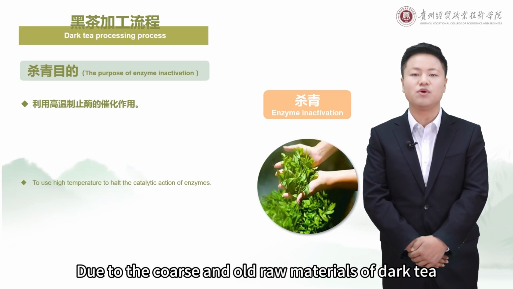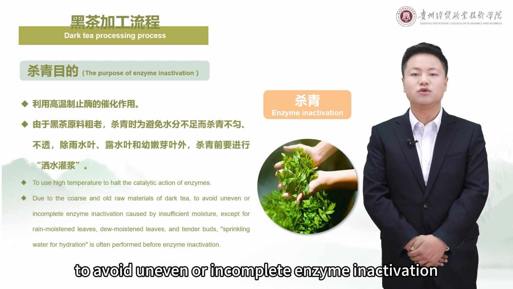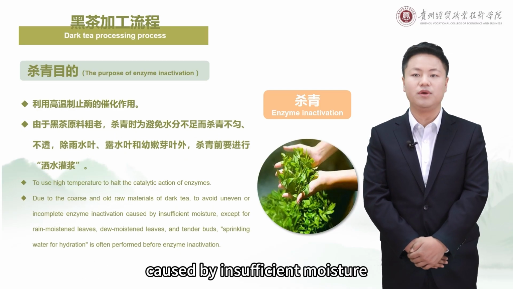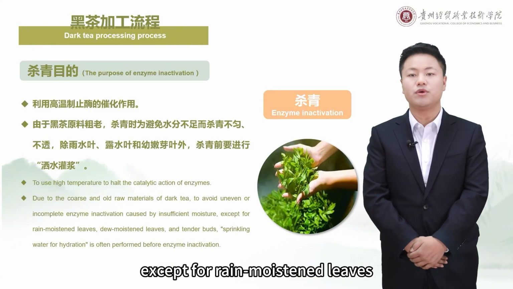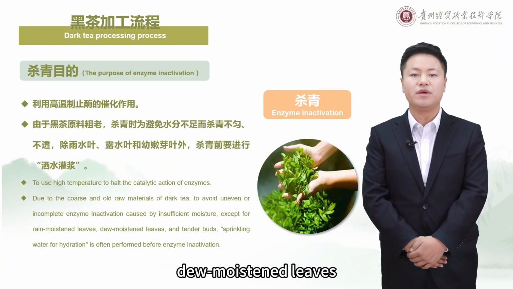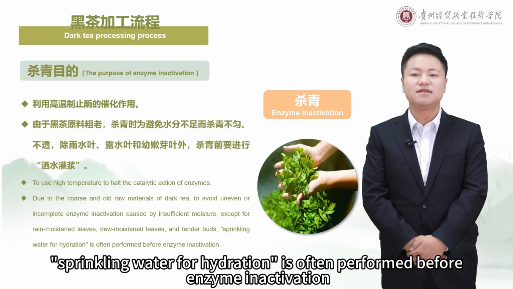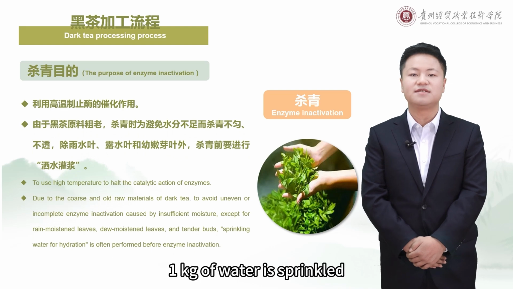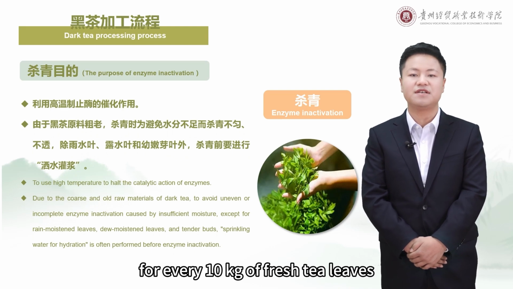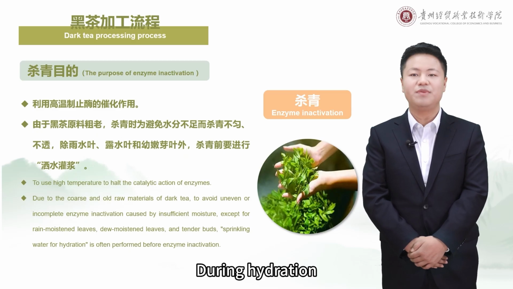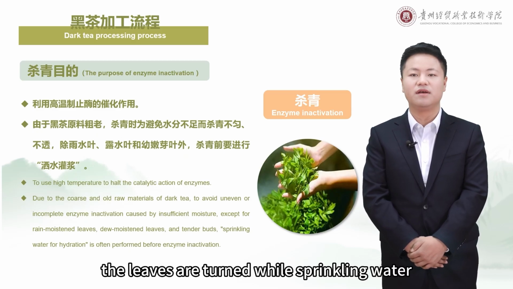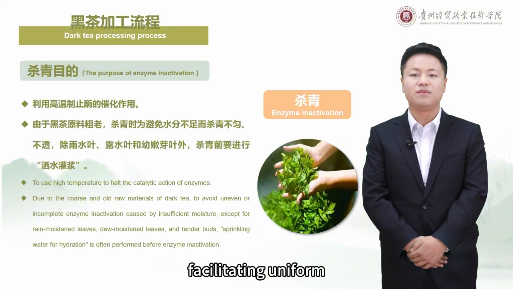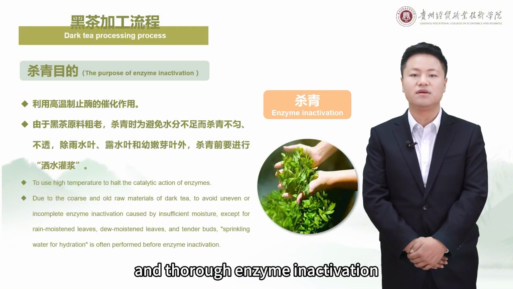Due to the coarse and old raw materials of dark tea, to avoid uneven or incomplete enzyme inactivation caused by insufficient moisture, except for rain-moistened leaves, dew-moistened leaves, and tender buds, sprinkling water for hydration is often performed before enzyme inactivation. Generally, 1 kilogram of water is sprinkled for every 10 kilograms of fresh tea leaves. During hydration, the leaves are turned while sprinkling water to ensure even distribution, facilitating uniform and thorough enzyme inactivation.